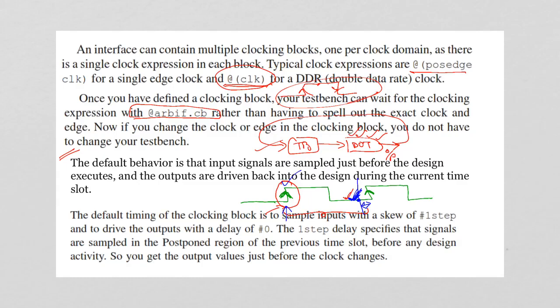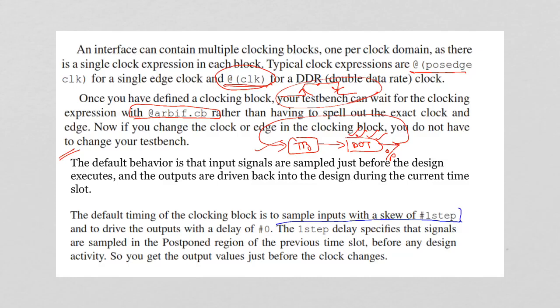So in other words, the same can be specified like this. The default timing of a clocking block is to sample inputs with a skew of one step. That means, as you have seen, you must take these outputs after some amount of time.